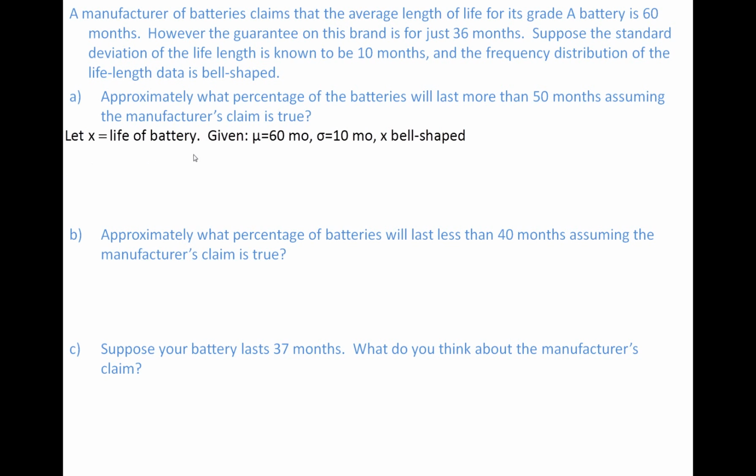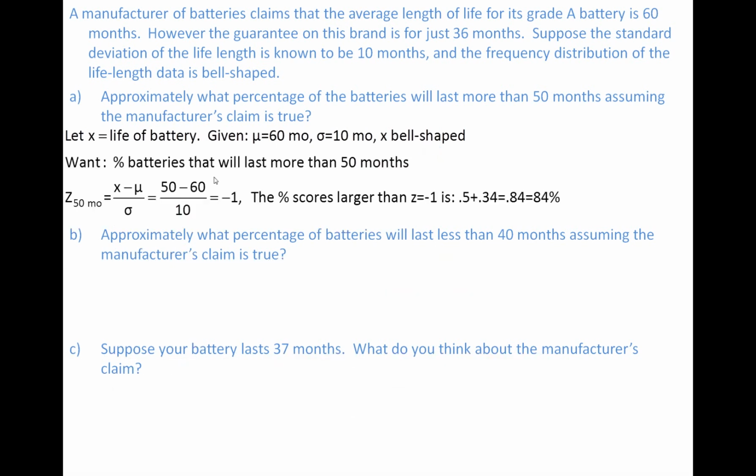So if X is the life of the battery, and we're given the mean is 60 months, the standard deviation is 10 months, and the data is bell-shaped, then the z-score for 50 months is -1. So that means it's 1 standard deviation below the mean.